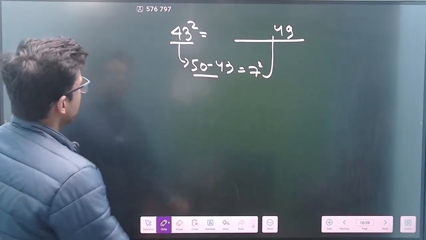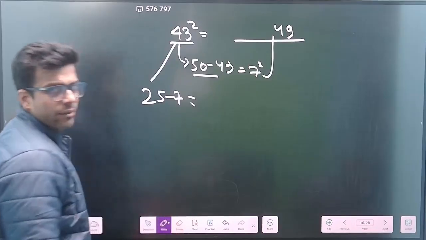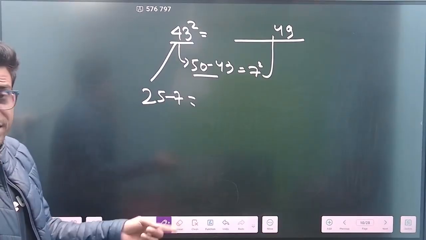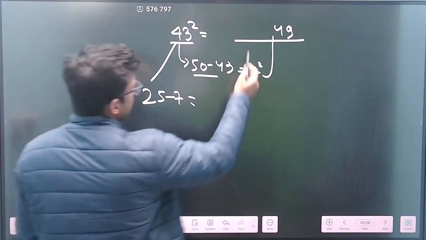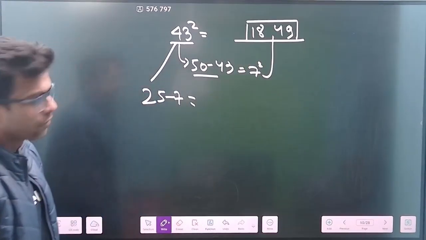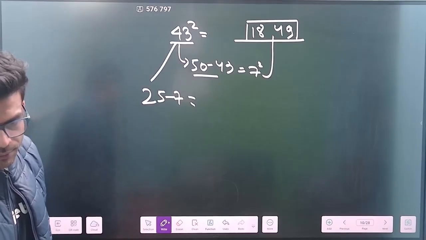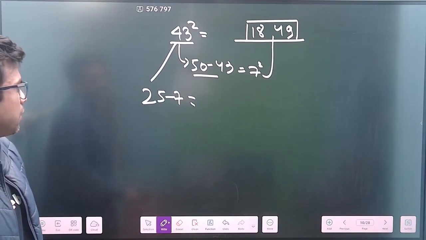Now again, subtract 25 minus 7. If 25 minus 8 is 17, then 25 minus 7 is 18. So you can write 18 over here. This is your square. Clear?